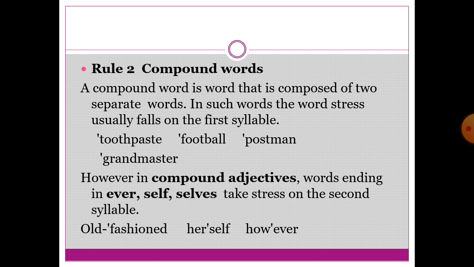Herself: here her is one word and self is the suffix, and self is stressed. However takes stress on the second part, that is ever. Always remember, whenever herself, however, themselves, yourself, such kind of words come, moreover, the stress is on the second part.